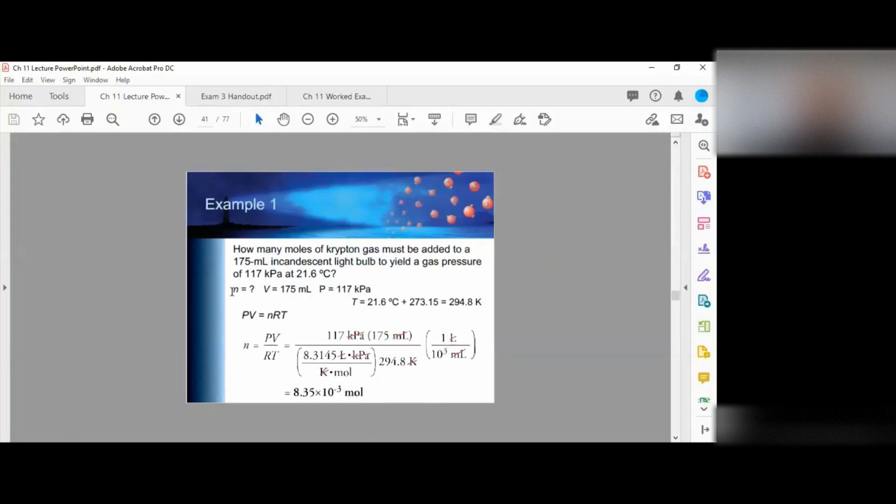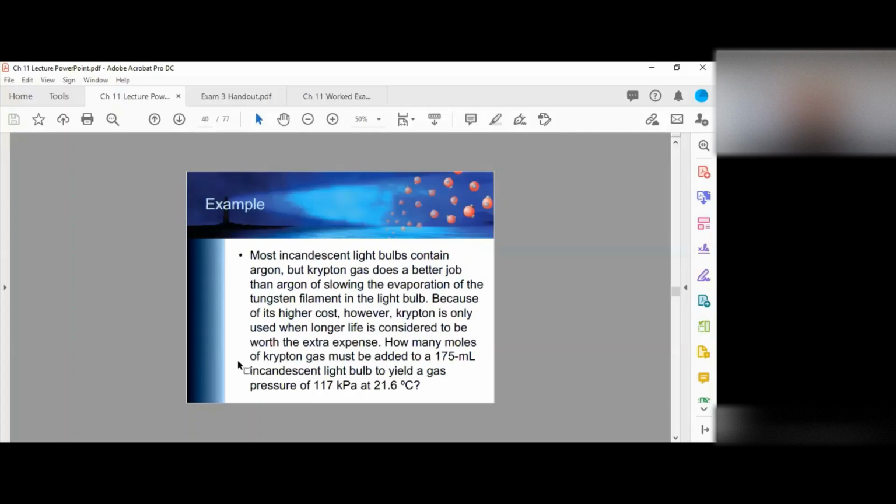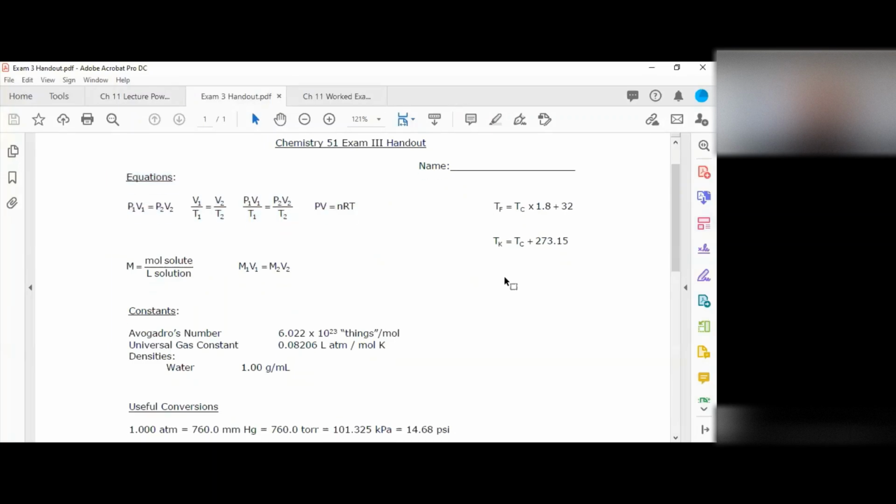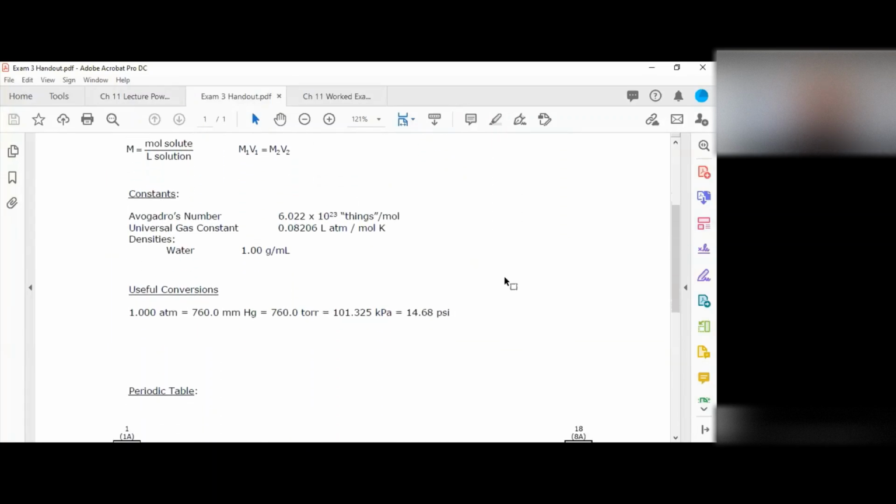Right away, I need to convert some of this data. The unit of kilopascal needs to be converted to atmospheres. Since I already have the exam handout, right there, 1 atmosphere equals 101.325 kilopascal.